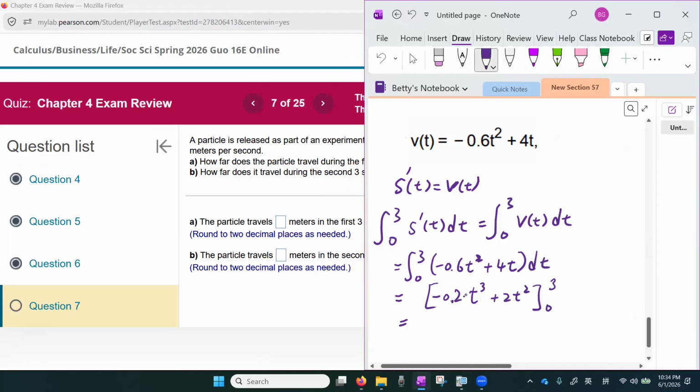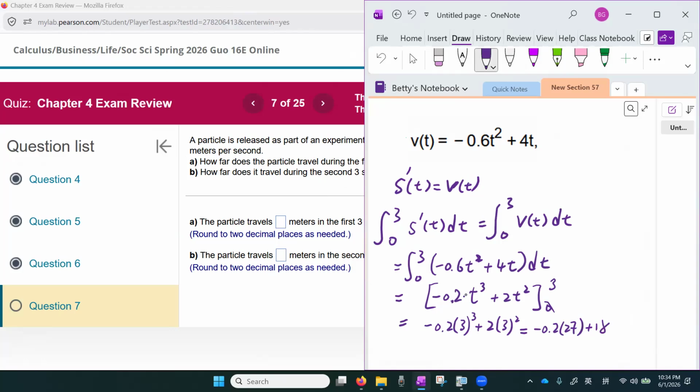Again, when we plug in 0, we get a 0, right? So we don't really have to worry about that. The result is going to be the value of the function in the bracket at t equals 3. Plug in 3. 3 cubed is 27. 3 squared is 9.